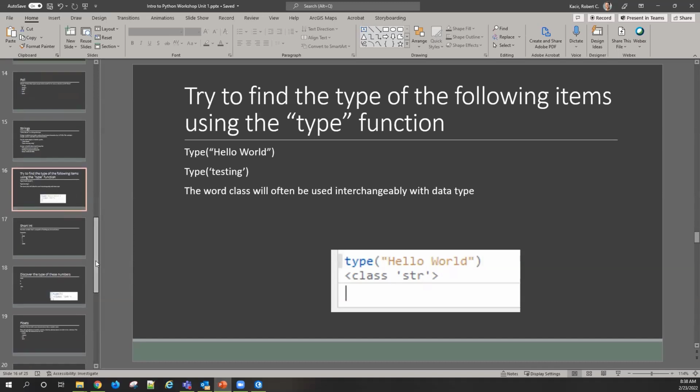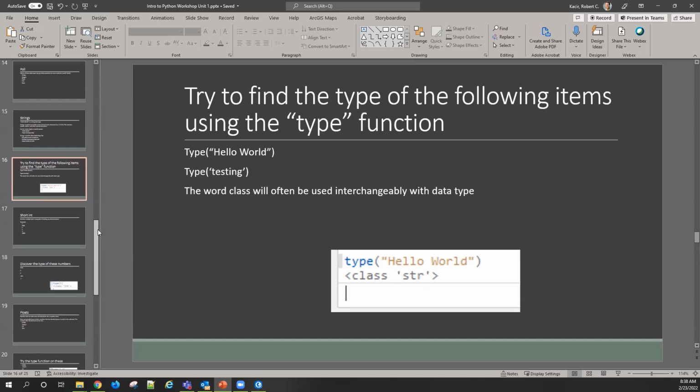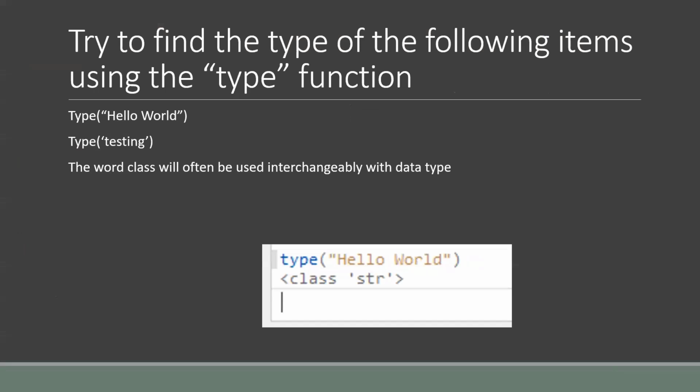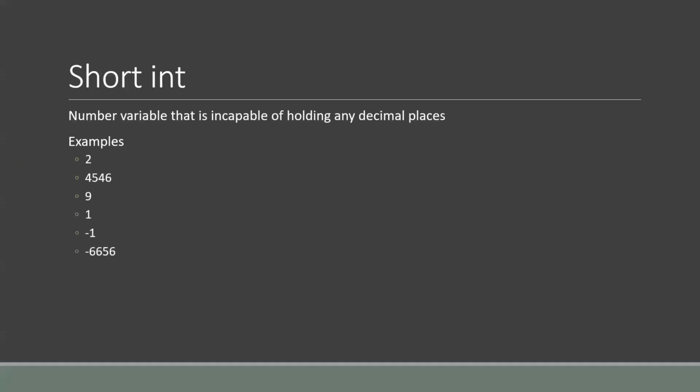So we have our type function, and you can change that out to just about any string you want, and it will be the same for most things. And then we've also got two types here that relate to numbers.